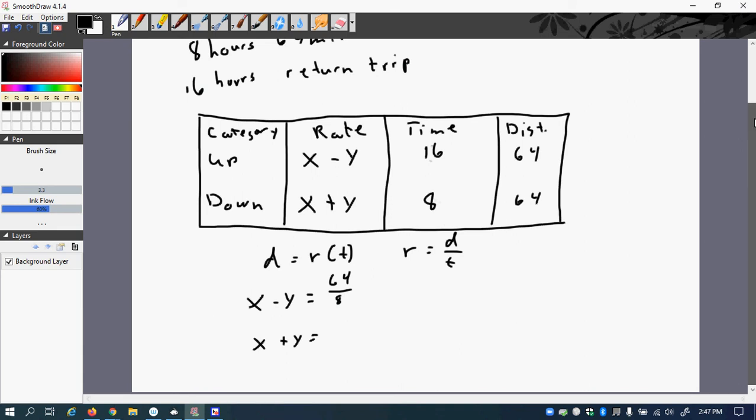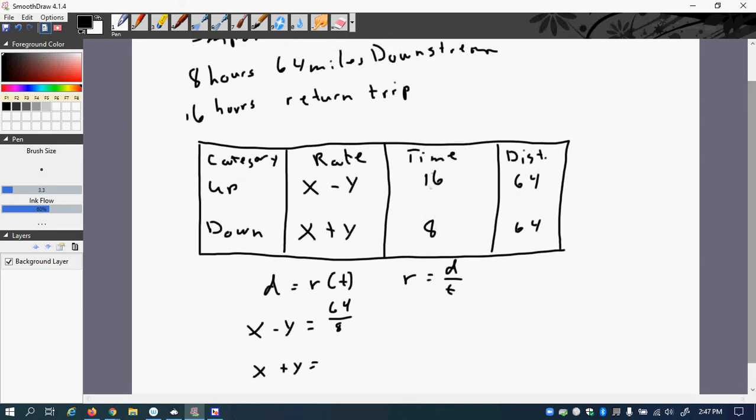That makes more sense because it would take me less time to go down the stream than to go up the stream. So going up would be 64 over 16, and going down would be 64 over 8.